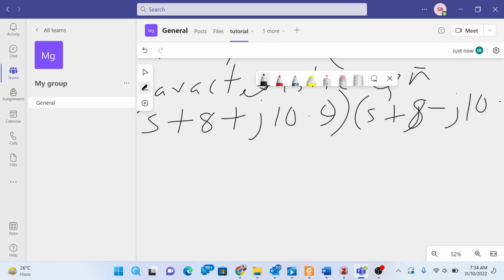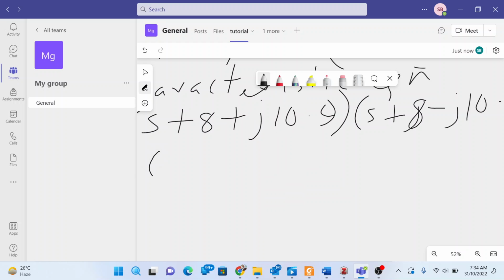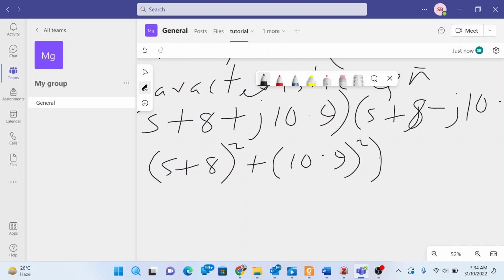They appear as a difference of 2 squares, so we write them like that: S plus 8 squared, then minus j squared times 10.9 squared. Minus multiplied by minus is plus, so this has to be plus 10.9 squared. We put this in a bracket.